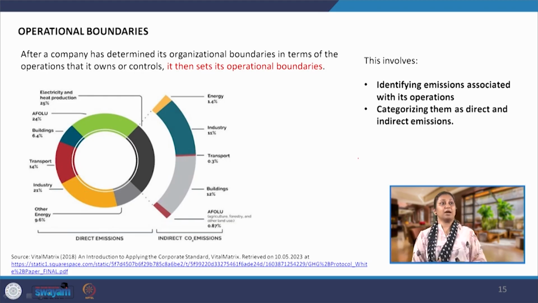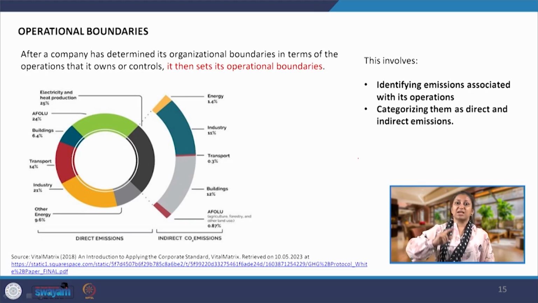For example, if I am a petroleum company and I extract the product, I have my own extraction wells, I process it, I clean it and then I sell it. All the emissions that are accruing from this particular product, which is the petroleum product as a fuel, these are all my direct emissions.